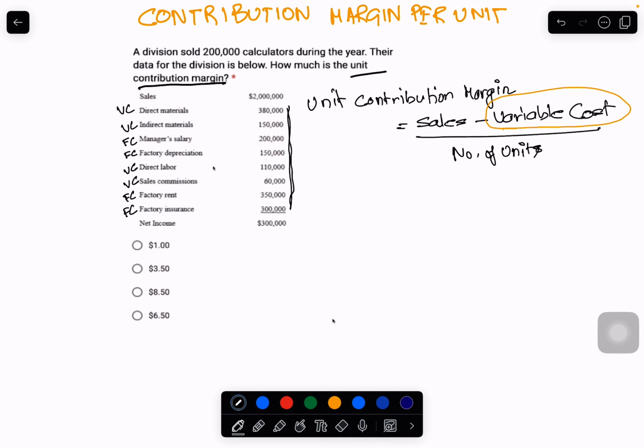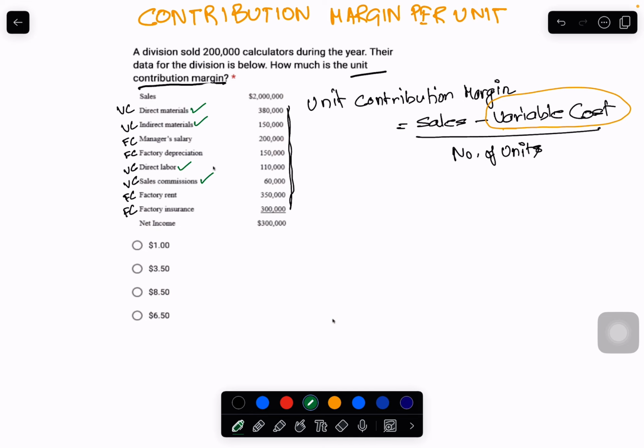So we have figured out that, of this list of costs, direct material is a variable cost, indirect material is a variable cost, direct labor is a variable cost, and sales commission is a variable cost. Right.